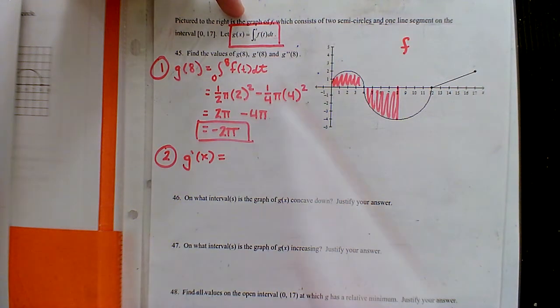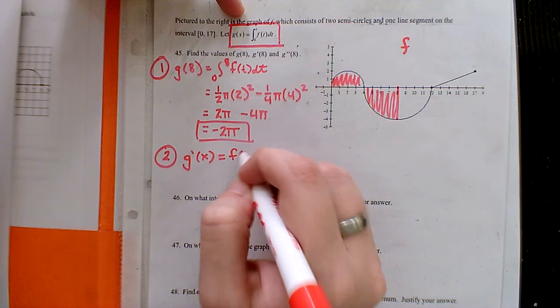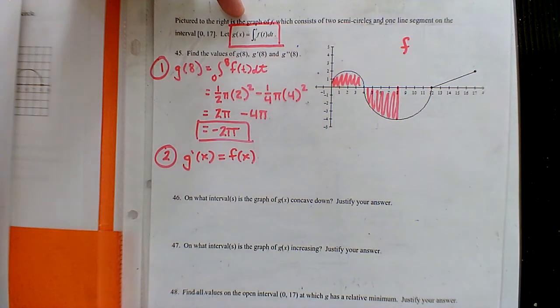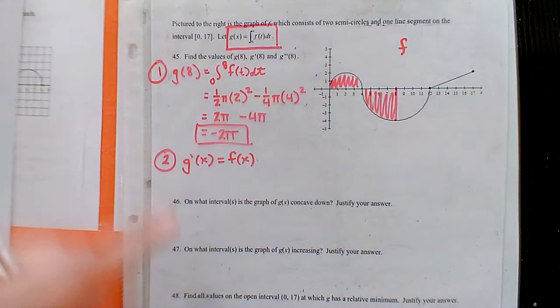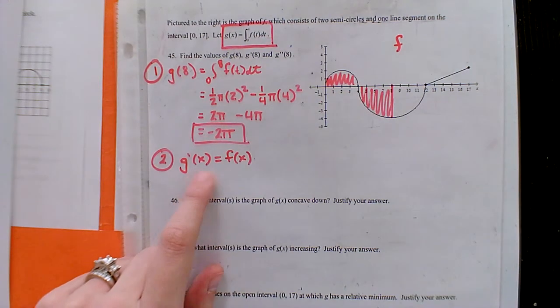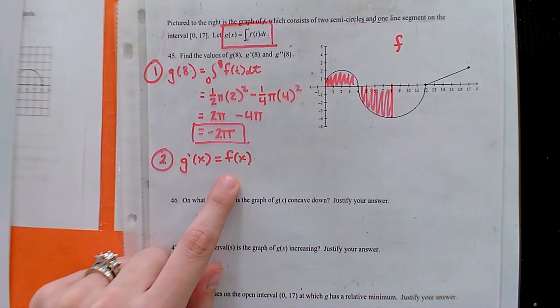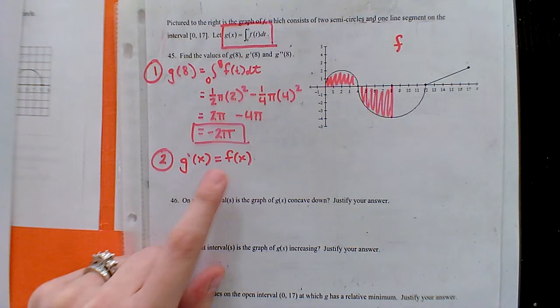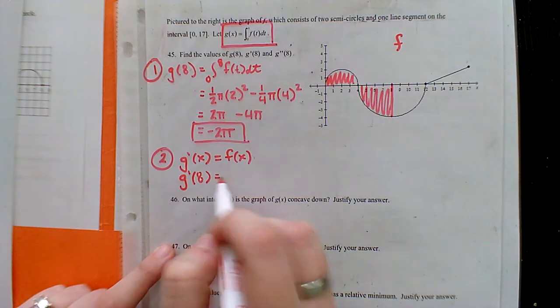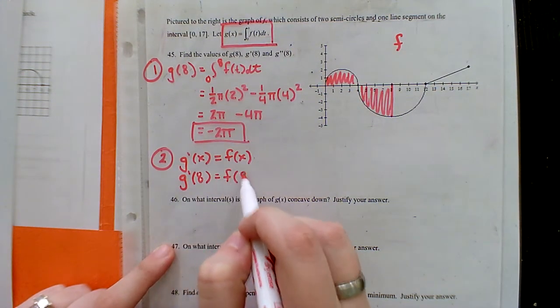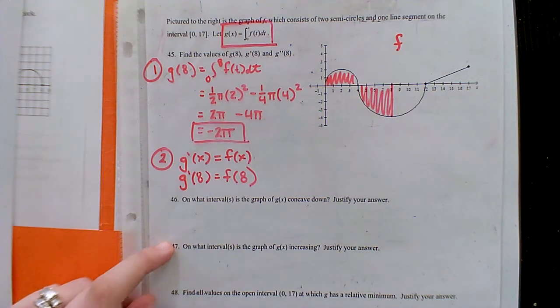The derivative of an integral will plug in the top bound times the derivative of the top bound, which would just be 1, minus plugging in the bottom bound times the derivative of the bottom bound, but that's just going to go away because it's 0. So it looks like the derivative of g is exactly the same as little f. If we plug in 8 into the derivative, we should be analyzing f of 8.